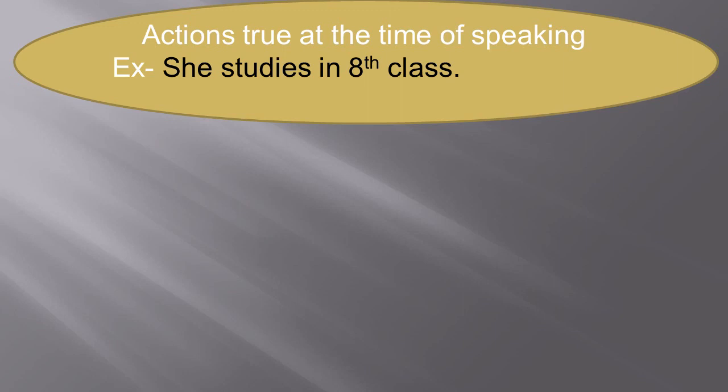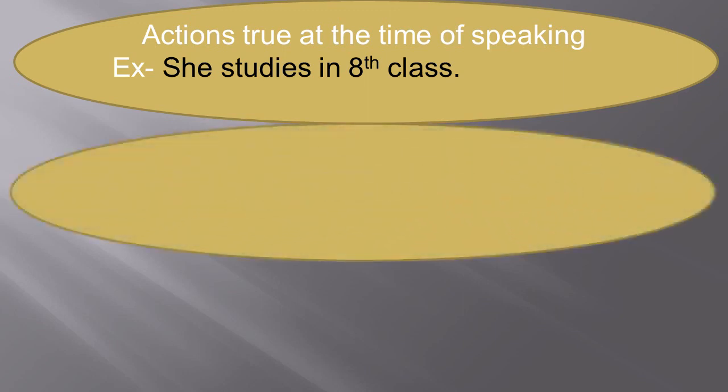That means this tense is used to express certain actions which are actually true at the time of speaking. For example, she studies in 8th class. Or I can say our school opens at 9 a.m. these days. That is true, that these days the school is opening at 9 a.m.